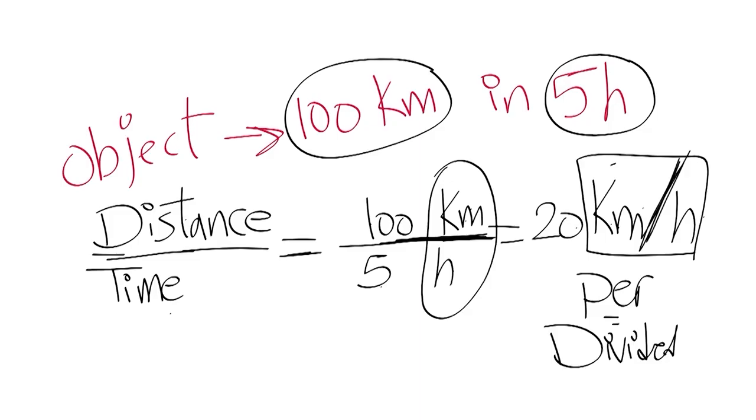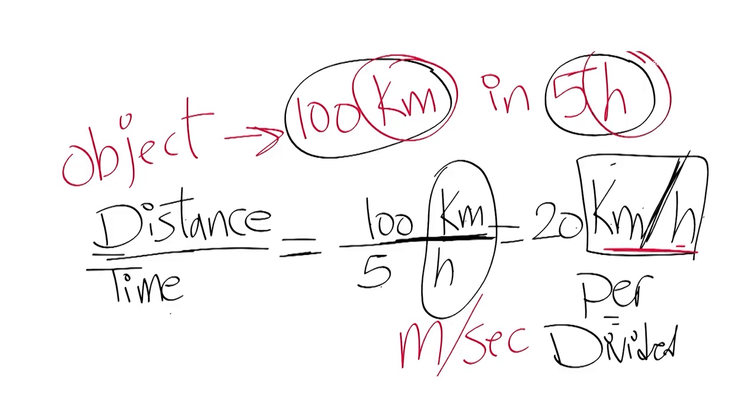Or sometimes we could use meter per second. So we have 2 units for the speed. Kilometer per hour if you are talking about distance in kilometers and time in hours, and the second one, meter per second.